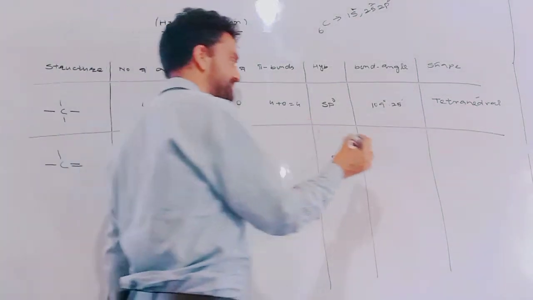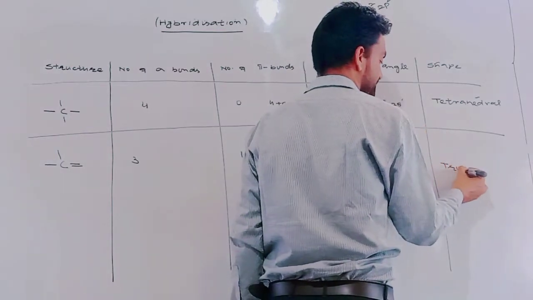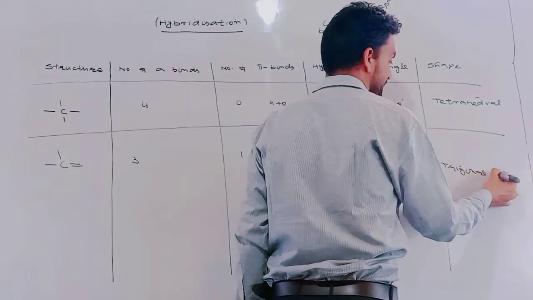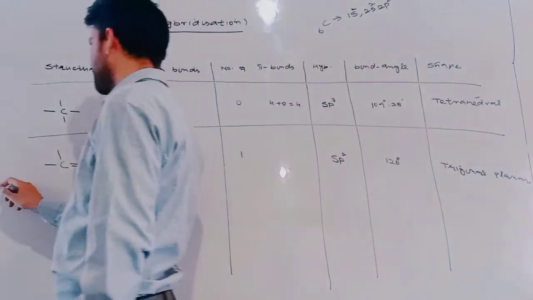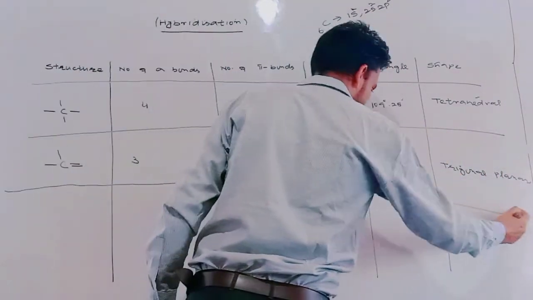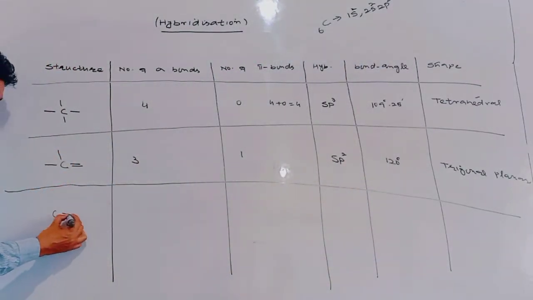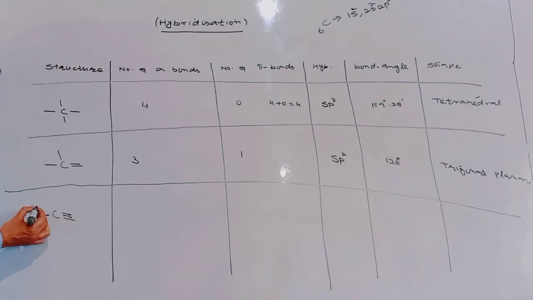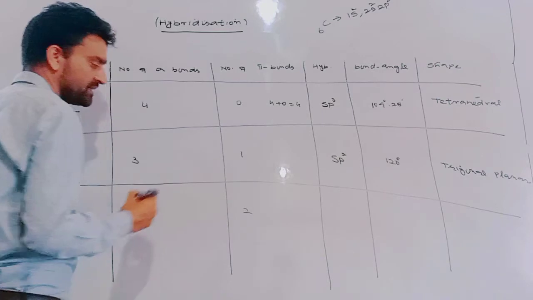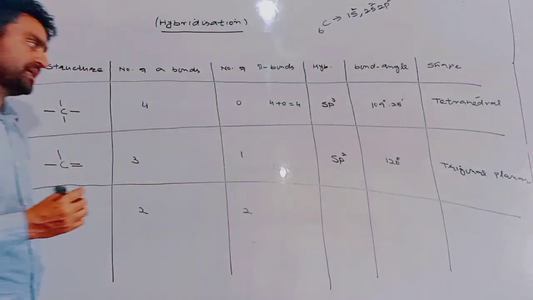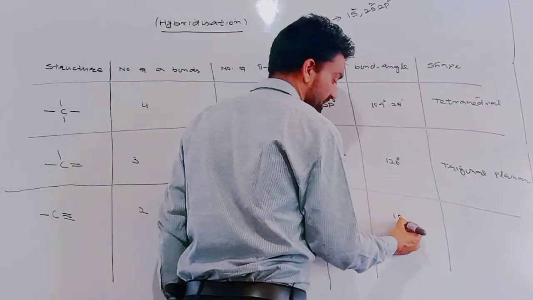What's the bond angle? 120. What is the shape? Trigonal planar. I already mentioned it in chemical bonding. I am repeating this, right? If I keep one triple bond, 1, 2, 3 and 1, how many sigma are now present? 2 sigma, 2 pi. What will be the hybridization? It is sp. What's the bond angle? 180 degree.